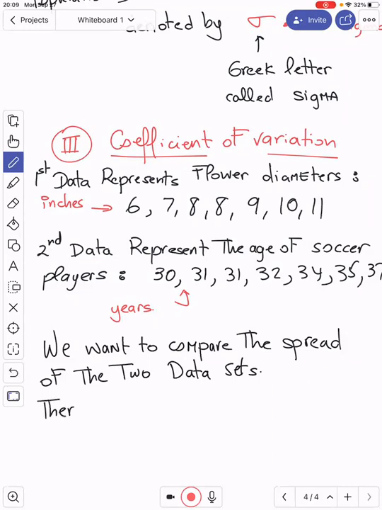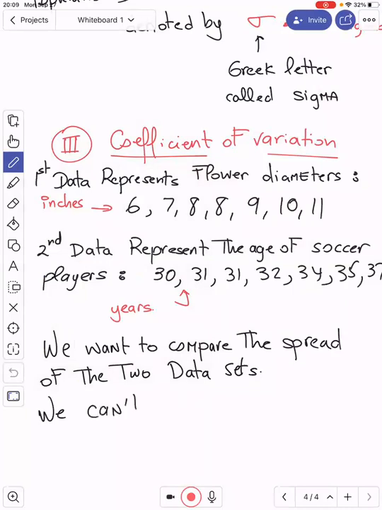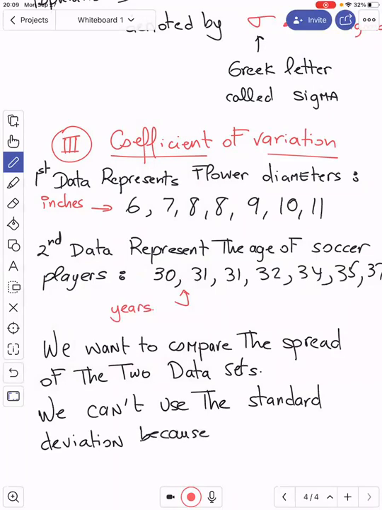So we cannot really use it, because you cannot compare something measured in inches to something measured in different units, like years or kilograms.